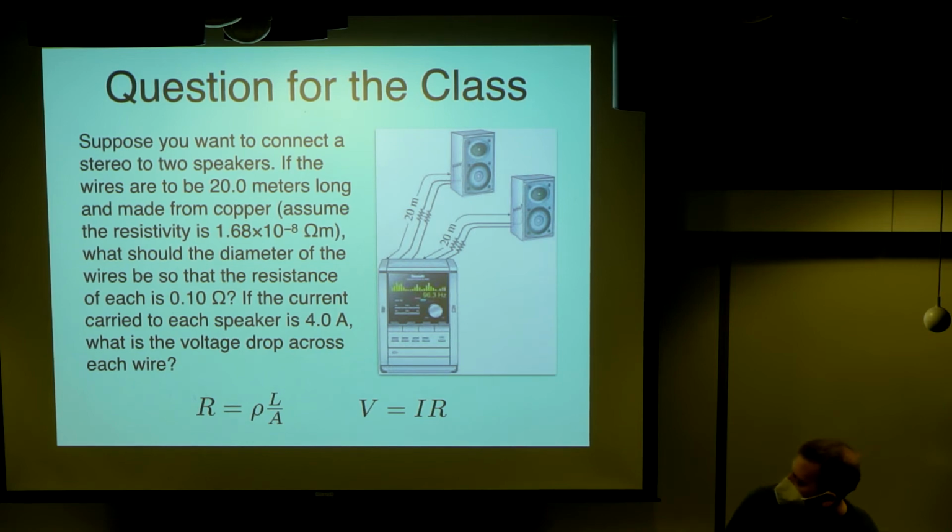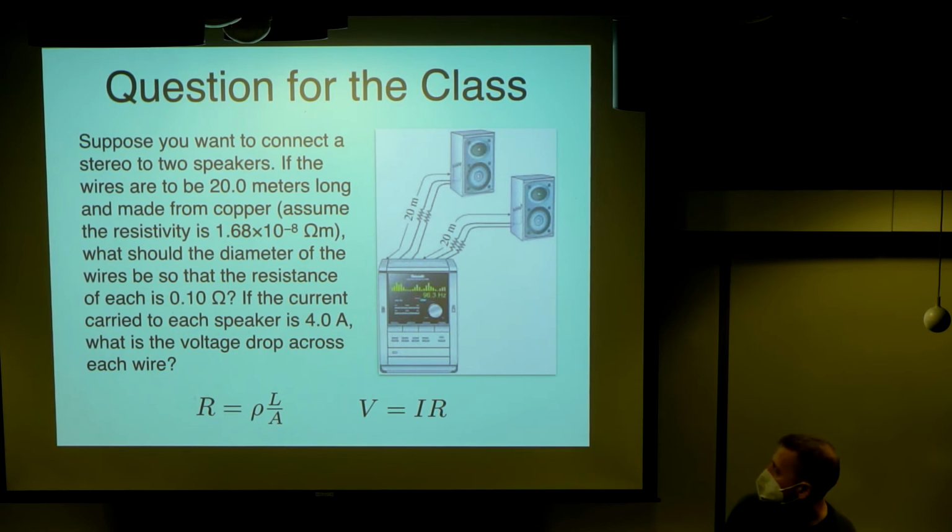Then, as a follow-up, let's say that the current flowing through these wires to each speaker is 4 amps. What is the voltage drop across each one of those wires? So find the diameter using this equation that we just came up with, and then find the voltage drop using Ohm's law. And then we'll go through it together.